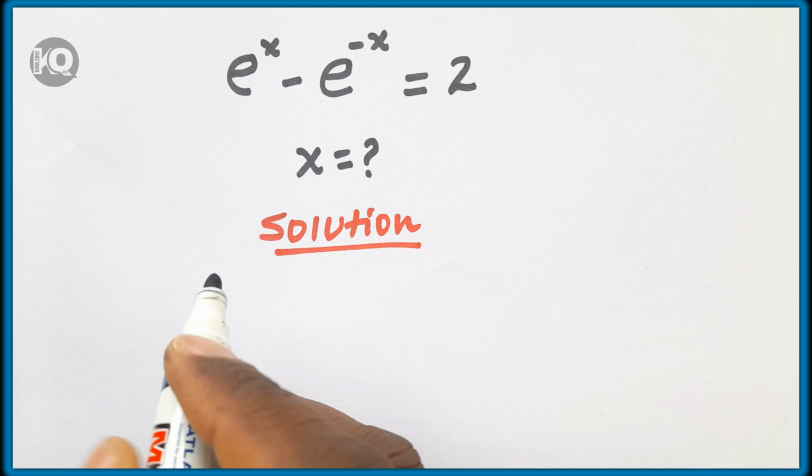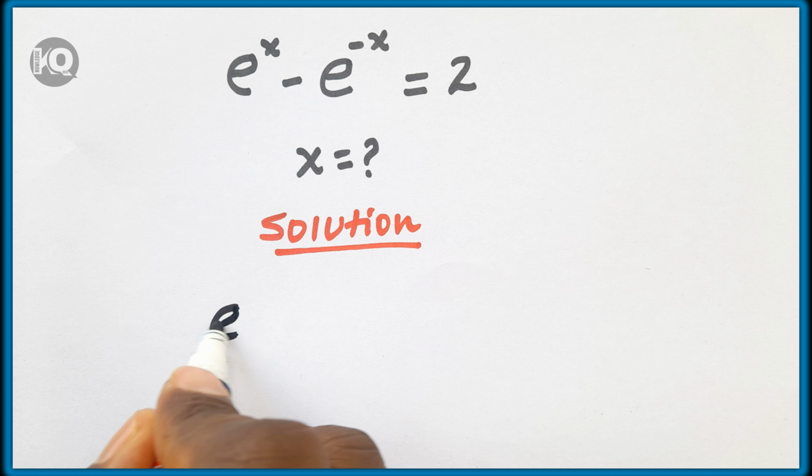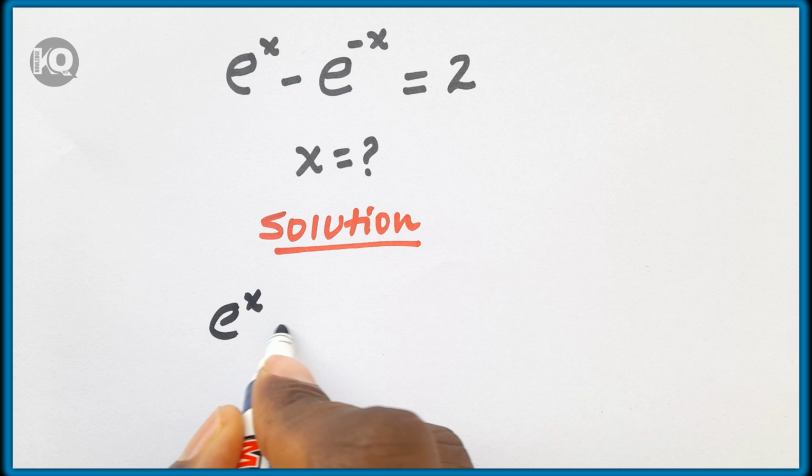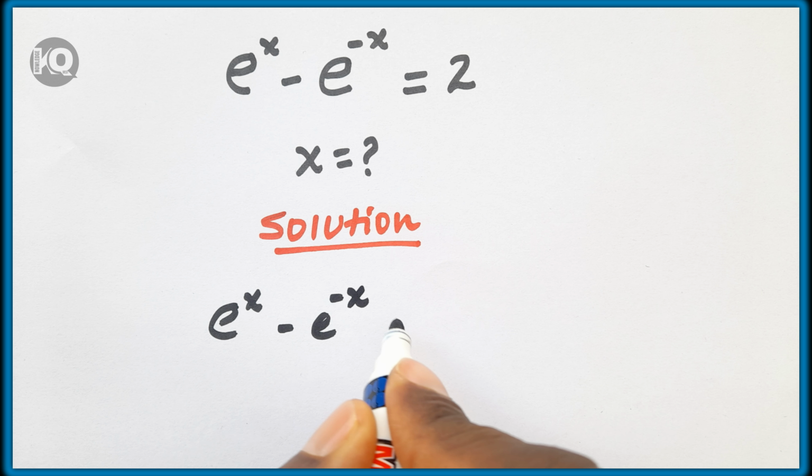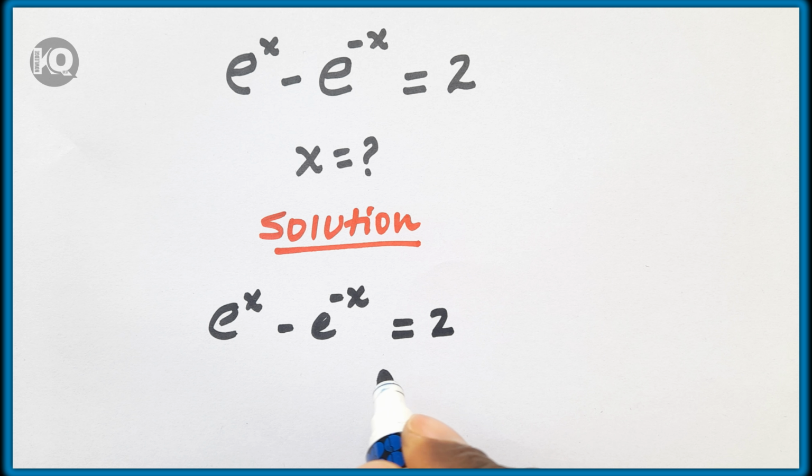First, record the problem, which is e to the power of x minus e to the power of minus x is equal to 2.